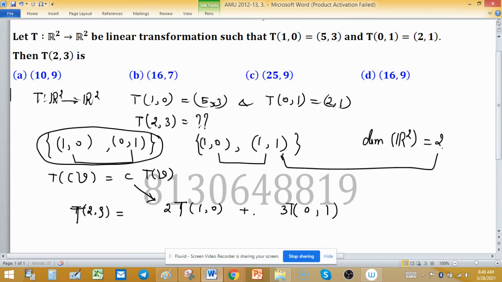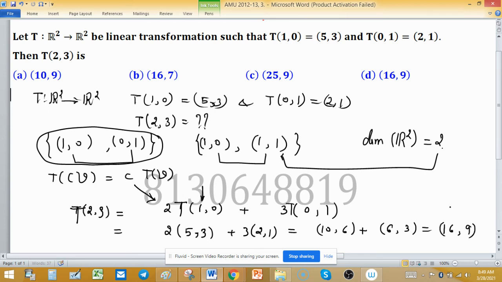We know these values, so it is 2 times (5,3) plus 3 times (2,1). This will be (10,6) plus (6,3), and adding them gives (16,9). So the correct option is D.